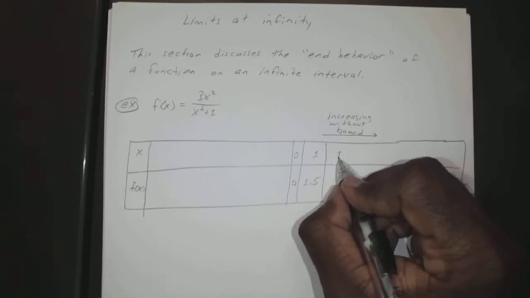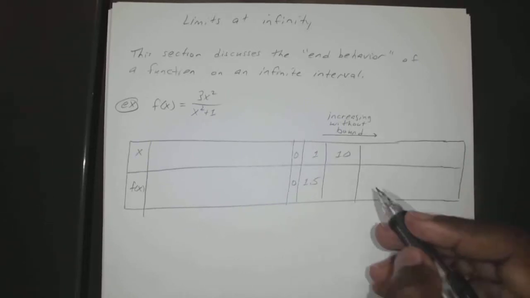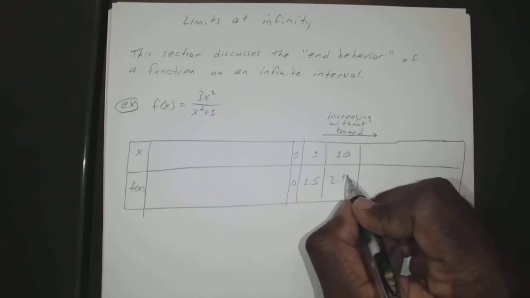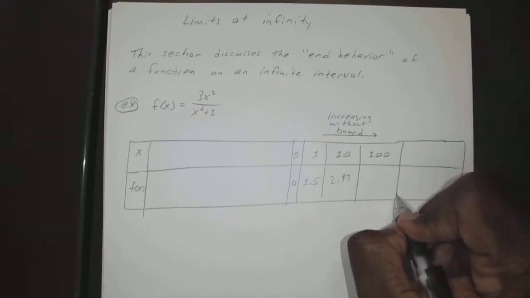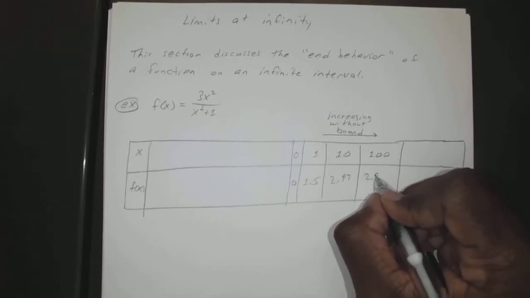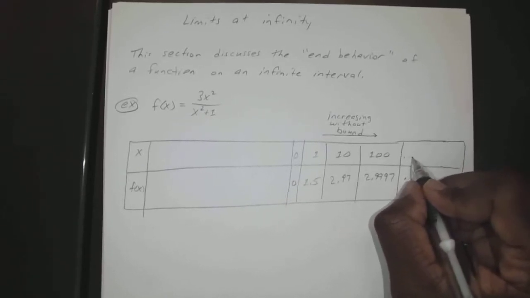Let's say if you plug in 10, you actually end up with 2.97. And if you plug in 100, you end up with 2.9997. And it keeps on going.